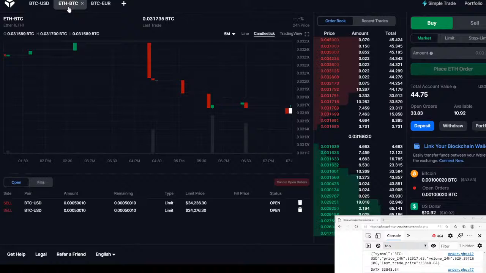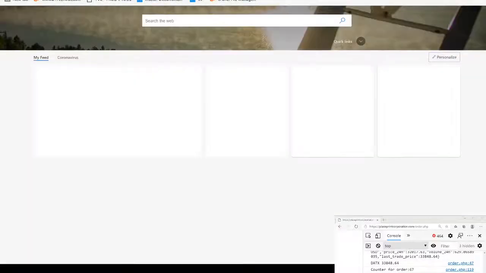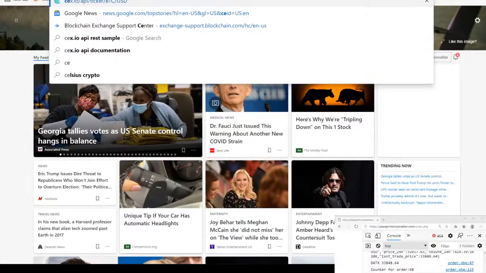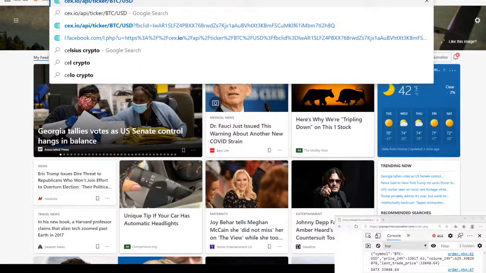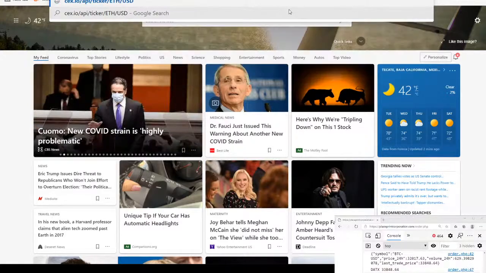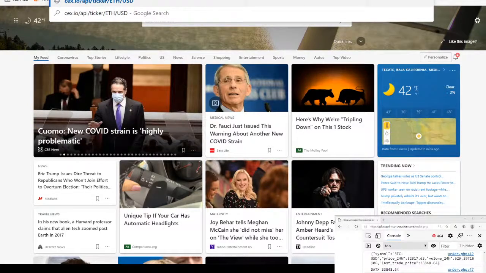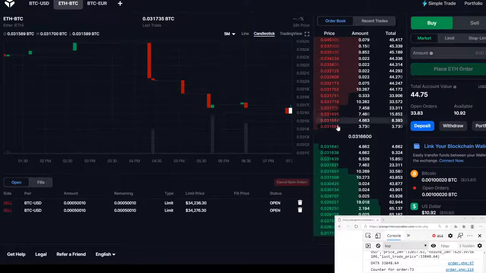BTC, right? The bid's at 31,639. I need to make sure I can get CEX. This is ETH-BTC. Okay, great. The bid right now is 31,365.